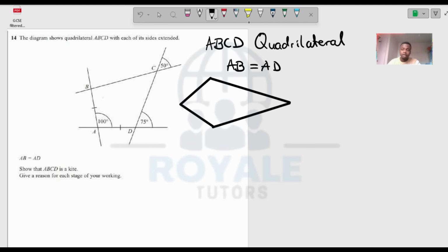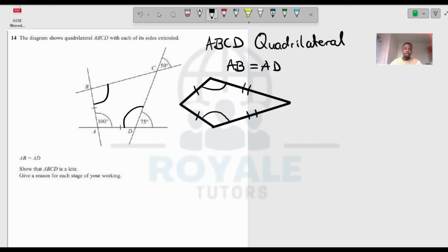For every kite, this side is equal to this side, this side is also equal to this side, then this angle is always equal to this angle. So all we need to do is to show that angle D is equal to angle B.